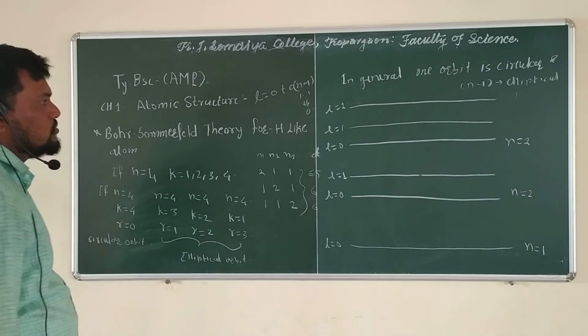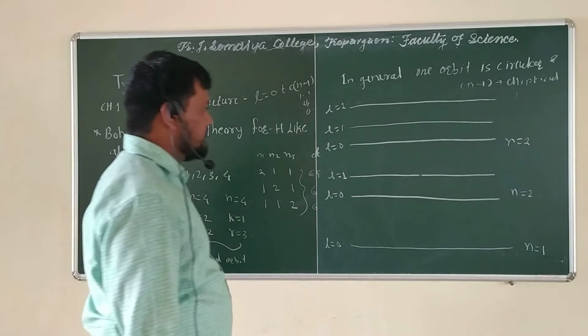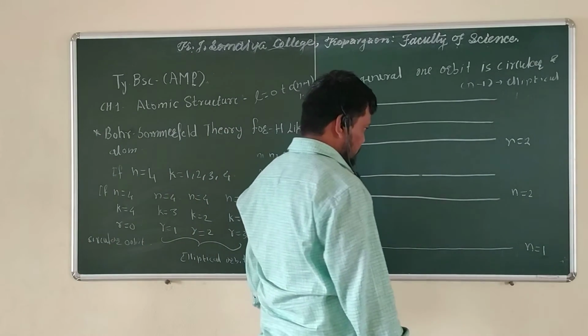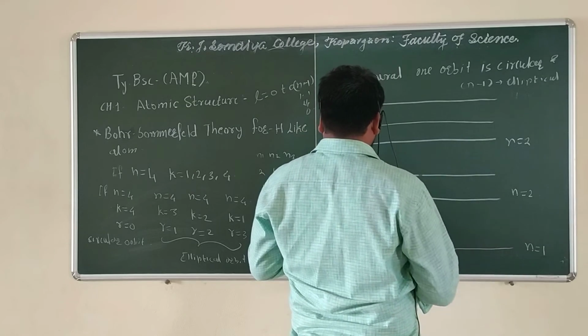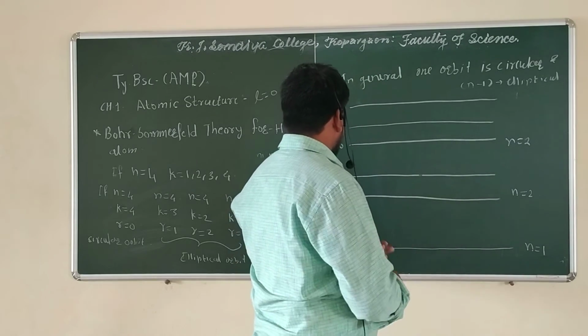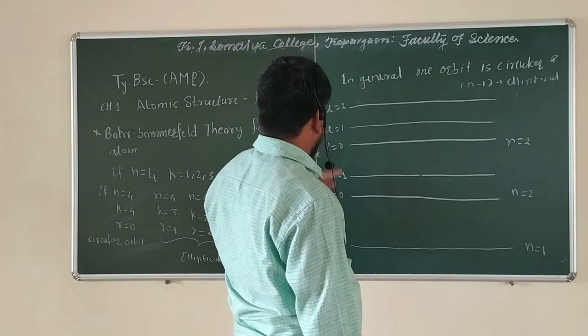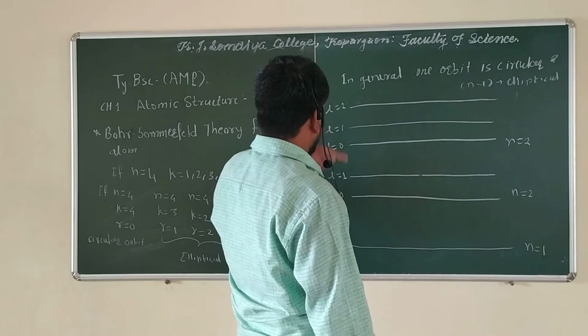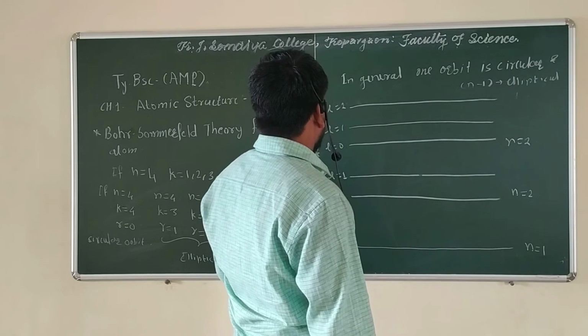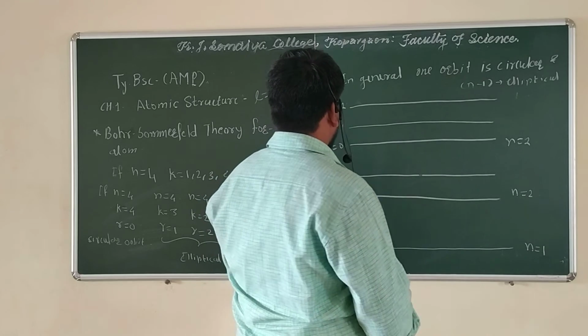Suppose we consider the spectral part here, the fine structure of the hydrogen atom. For L is equal to 0, the allowed transitions are from L is equal to 0 to 0, 1 to 0, 2 to 0, where the electron jumps from a higher orbit to a lower orbit.